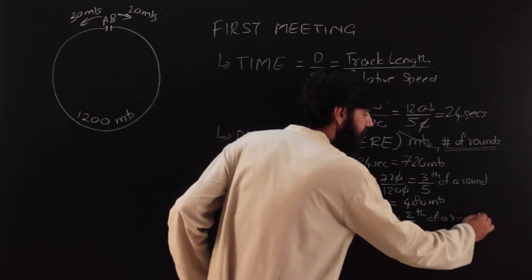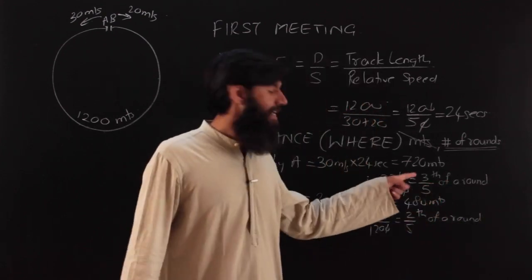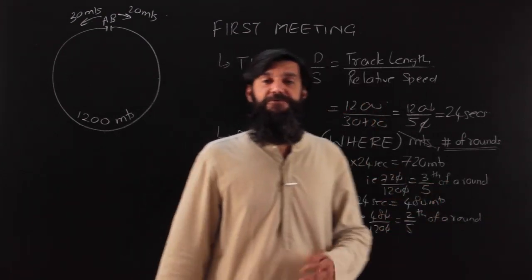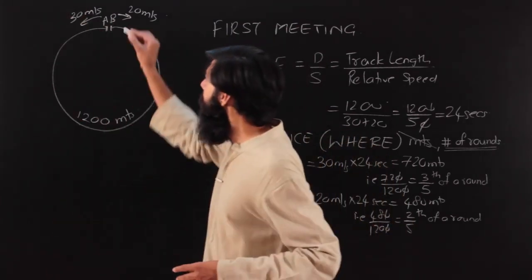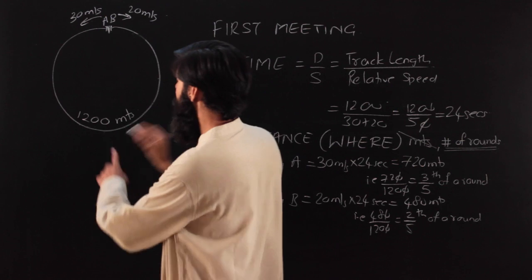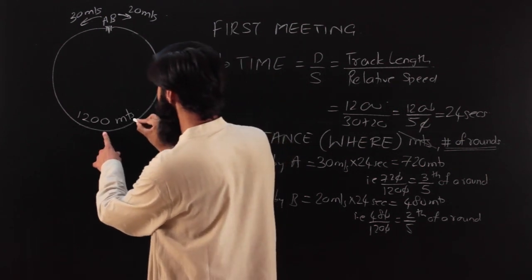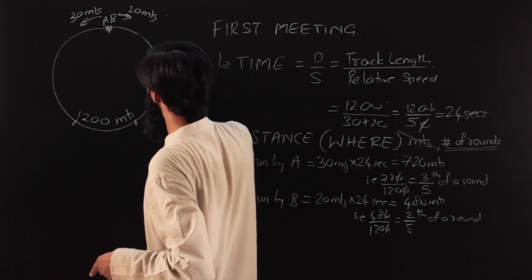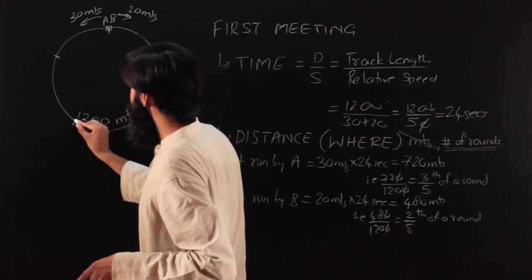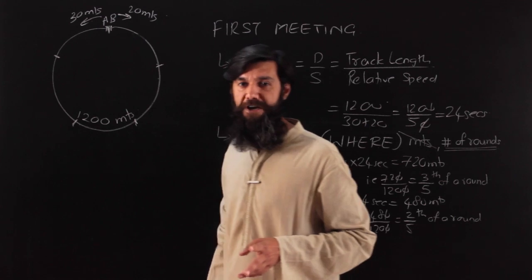Why does this help us? It's very easy to plot 3/5 and 2/5 of a round. We divide the round into 5 parts. If this is your starting point, the opposite will not come in, let's say here and here. So that is 3 points, and divide it equally, so that we have the 5 points.